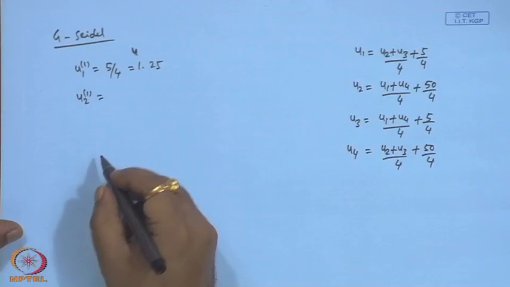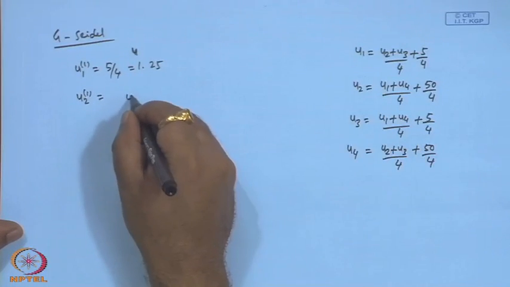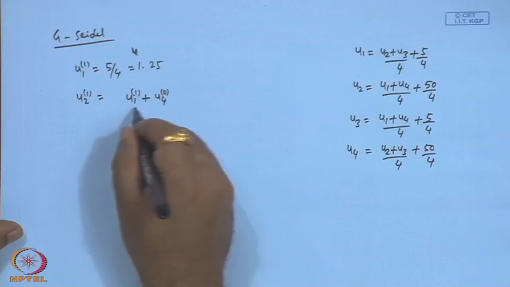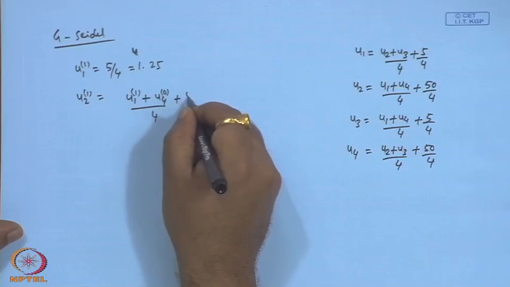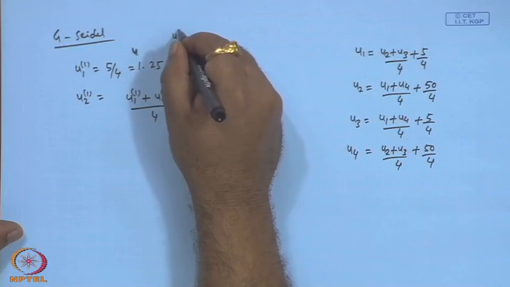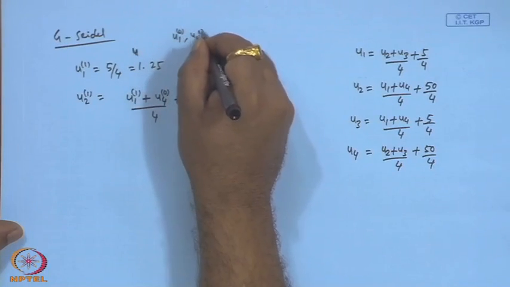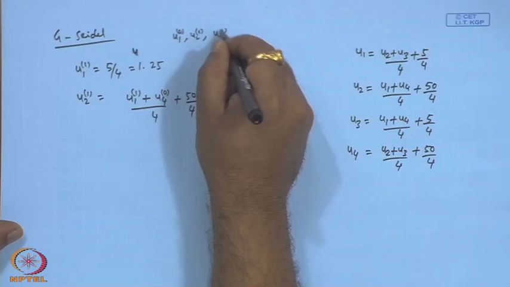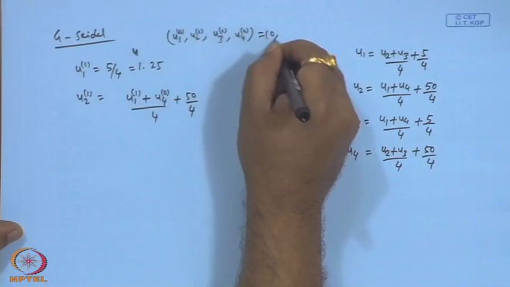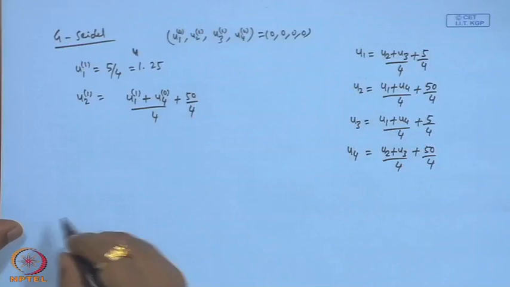So, therefore, u 2 1 would be u 1 1, u 4 0, okay, and we have u 1. Okay.